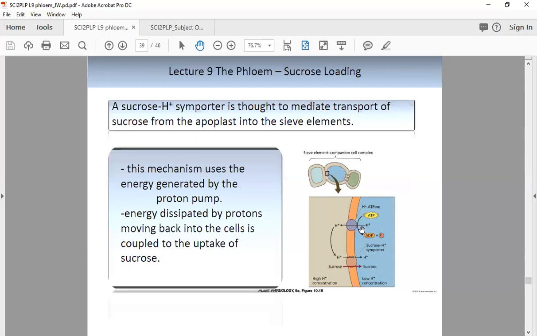That's where the proton gradient's being set up across there. And of course, the protons will move back down their gradient, and they do so through the sucrose proton symporter. The movement of protons back down their concentration gradient, down their electrochemical gradient, will drive the movement of sucrose across the apoplast.